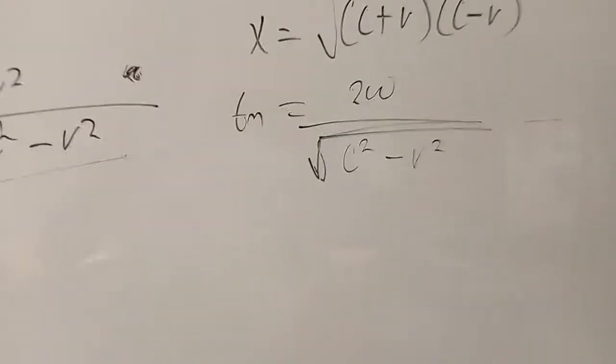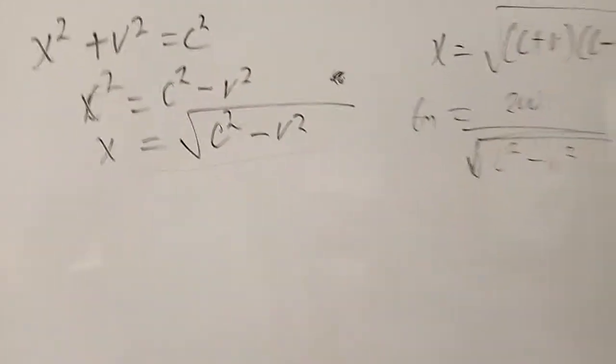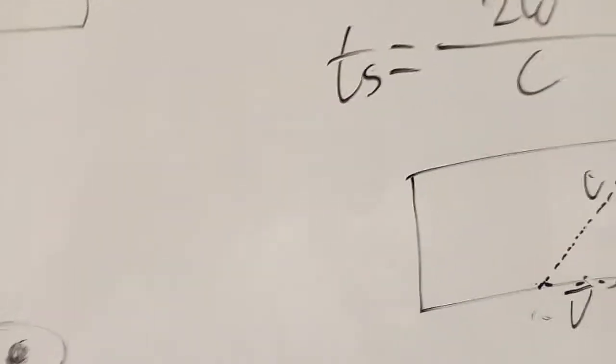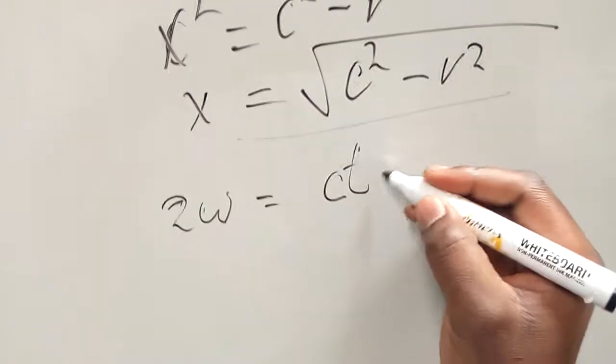So we need to find a way of explicitly writing 2w again. So we know from the first equation that 2w is equal to c times t sub stationary, t sub s. So if we put that here, we know that t sub m is equal to c times t sub stationary divided by the square root of c squared minus v squared.